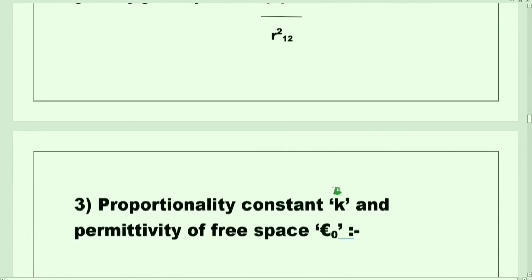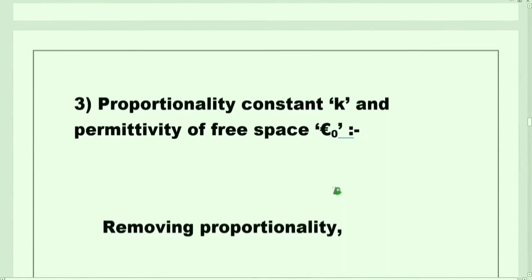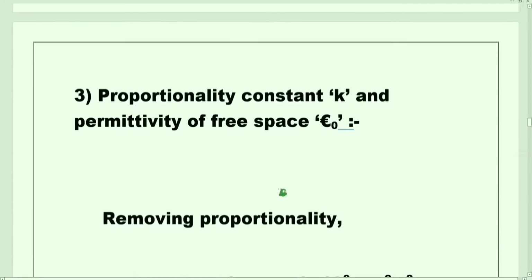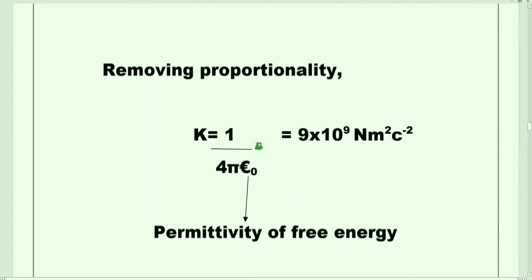Okay, now let us move on to the third aspect. The third aspect is proportionality constant K and permittivity of free space epsilon naught. On removing the proportionality sign, we introduce the proportionality constant K. In SI units, K is equal to 1 by 4 pi epsilon naught, that is equal to 9 into 10 power 9 newton meter square C power minus 2.